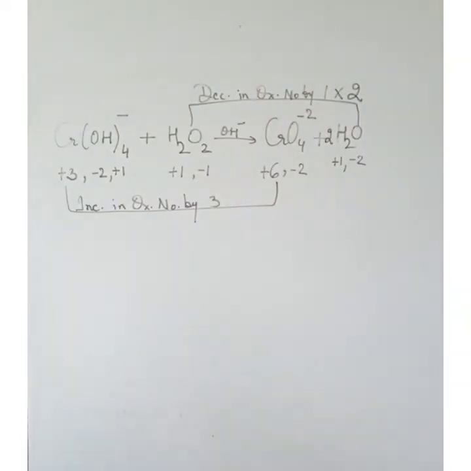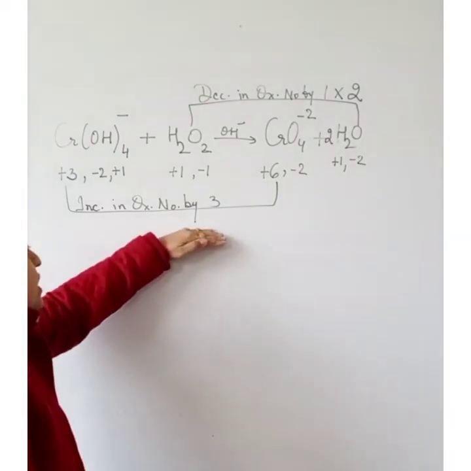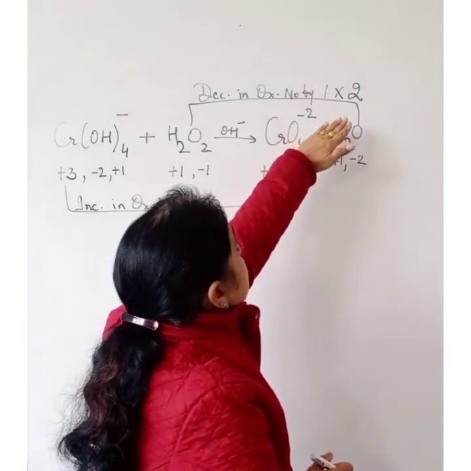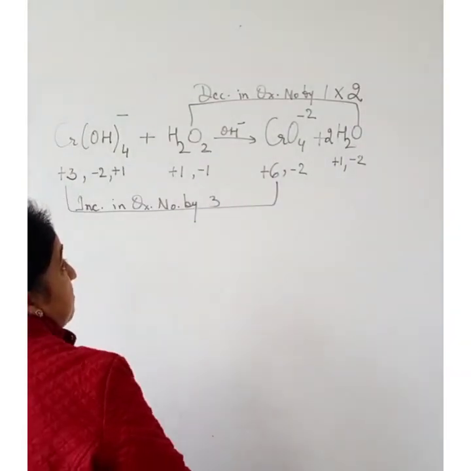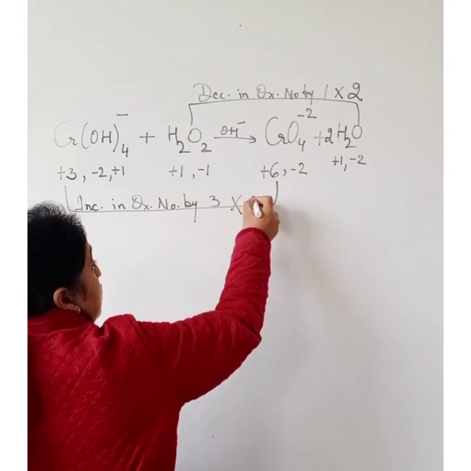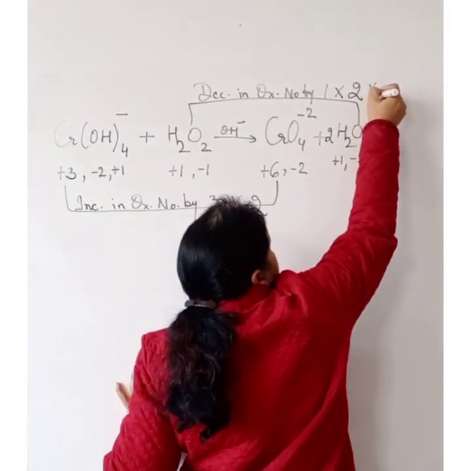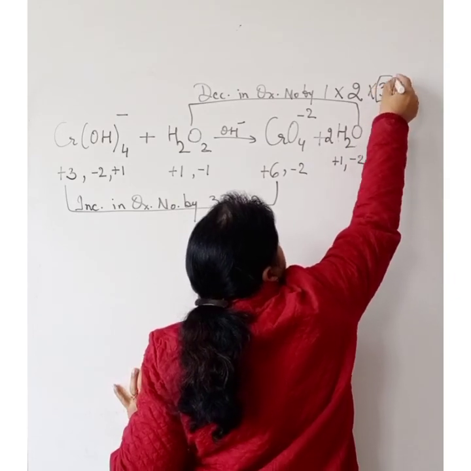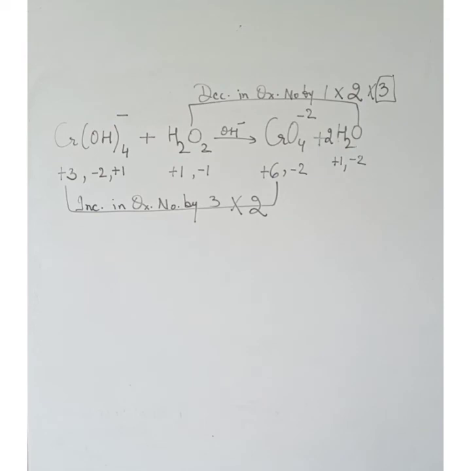Now, in the next step, balance the change in oxidation number. This is undergoing change by 3 and there it is by 2. So, if I multiply this by 2, it is going to be 6 and then I have to multiply this by 3. Then only on both sides the change is going to become equal.